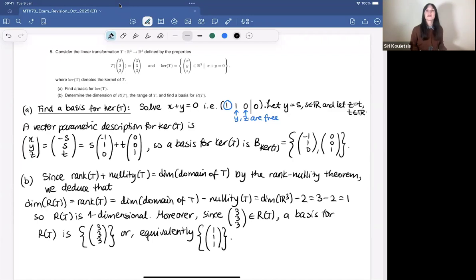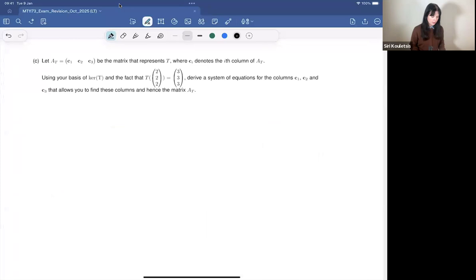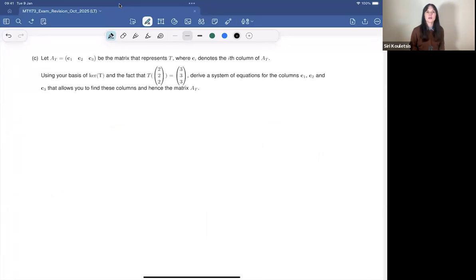Now the question has two more parts. It says: now let A_T equal [C1, C2, C3] be the matrix that represents T, where C_i denotes the ith column of A_T. Using your basis of the kernel of T and the fact that T of (2, 2, 2) equals (3, 3, 3), derive a system of equations for the columns C1, C2, and C3 that allows you to find these columns and hence the matrix A_T.